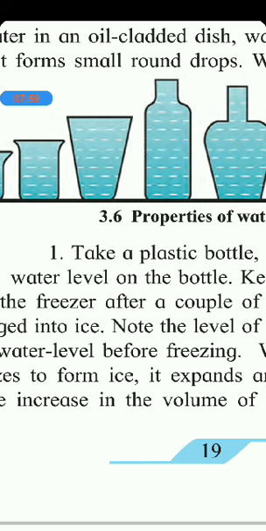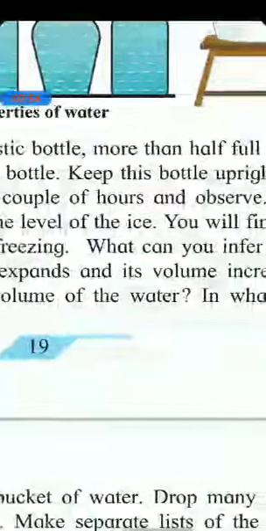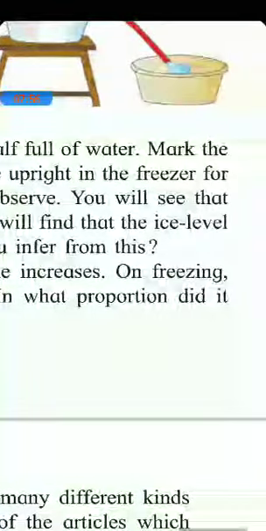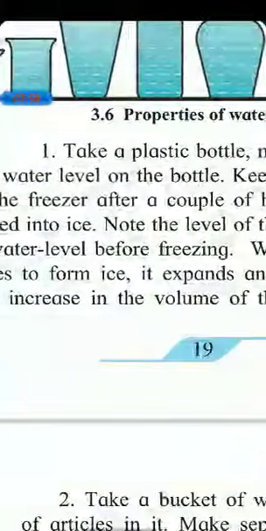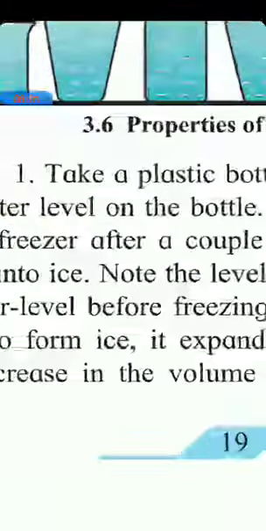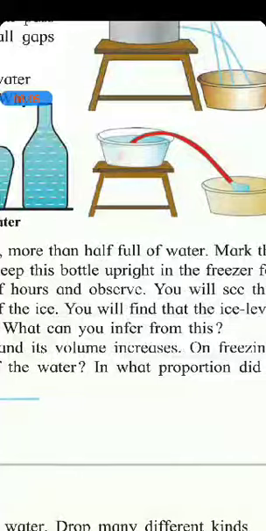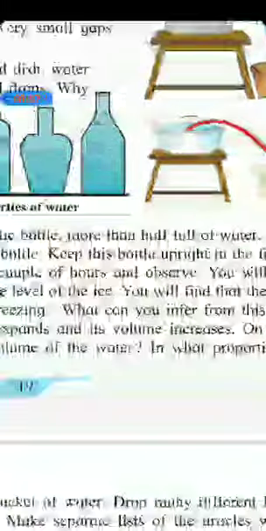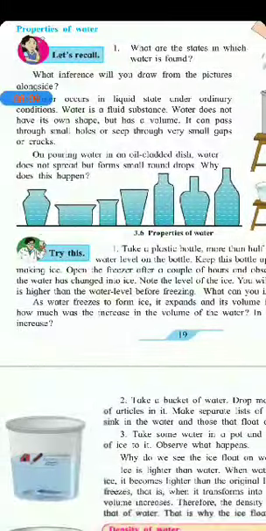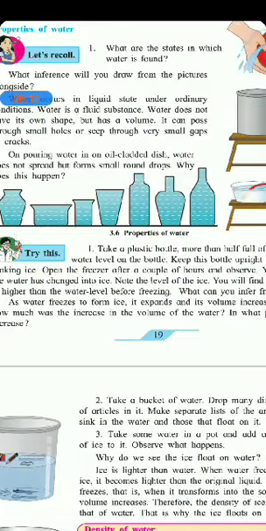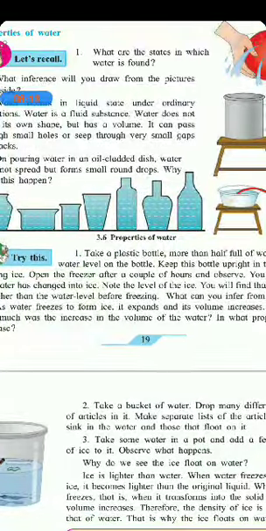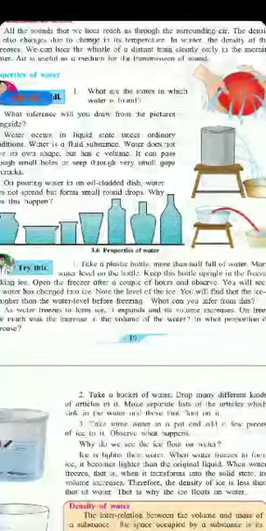What we have to do is take a plastic bottle more than half full of water and mark the water level on the bottle. Keep this bottle upright in the freezer for making ice, and open the freezer after a couple of hours and observe it.